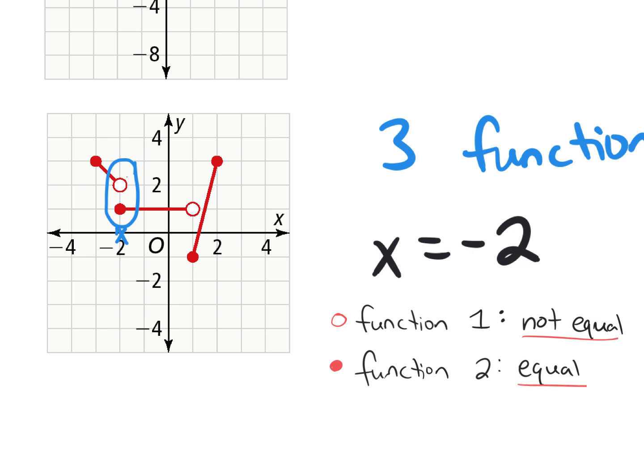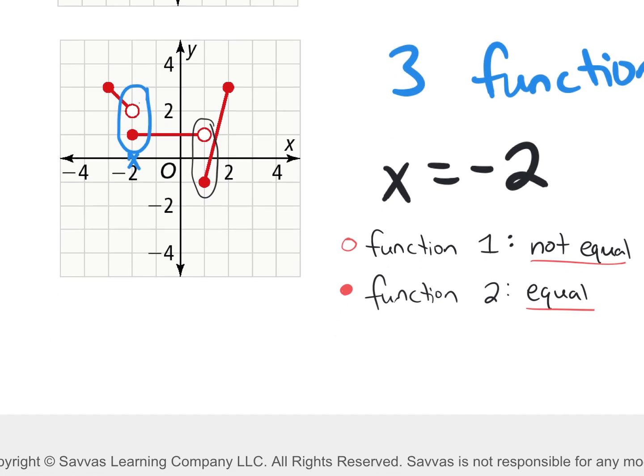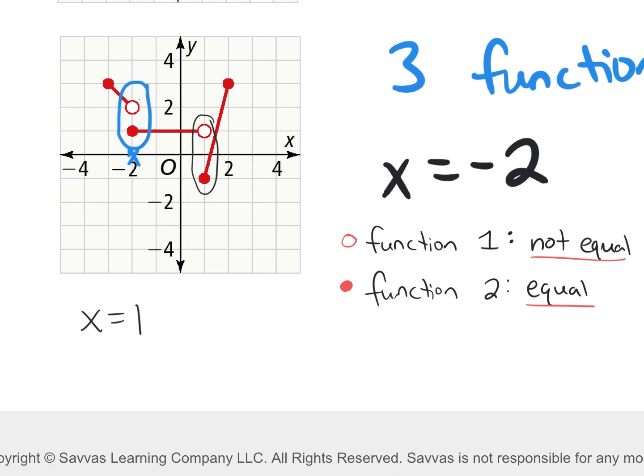Try one more. What if I told you to tell me what's happening on x equals 1? Try that with your groups. Do the same idea we did here. Tell me what's happening in one of the functions, what's happening in the other. Which functions is x equals 1 on out of 1, 2, 3?